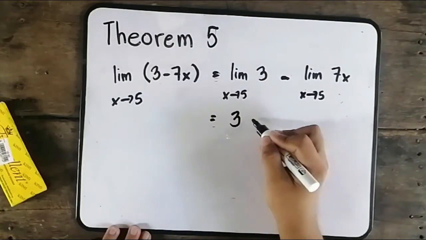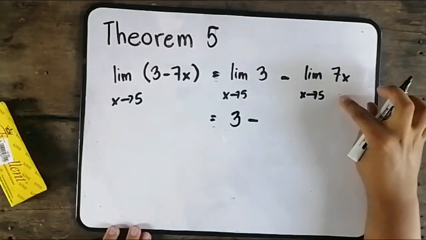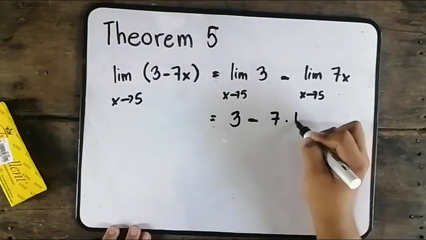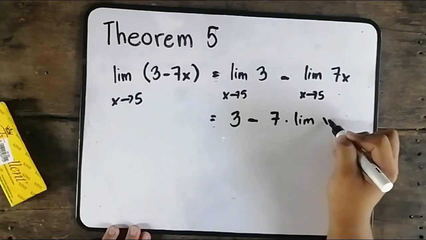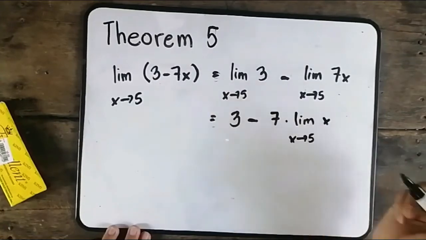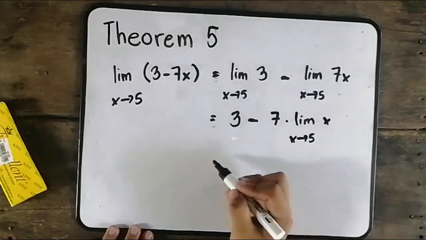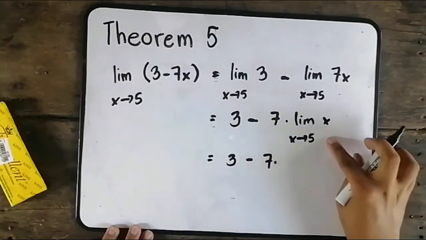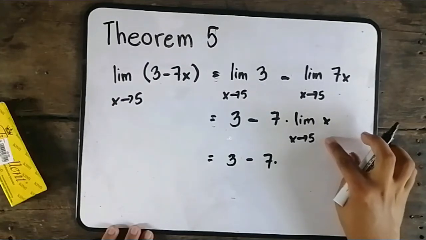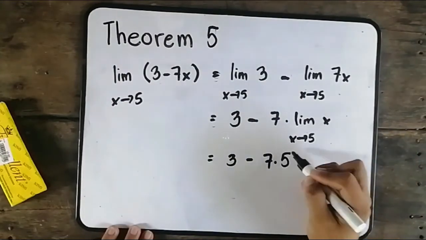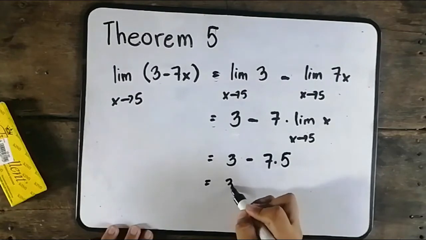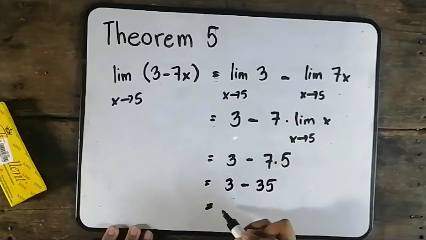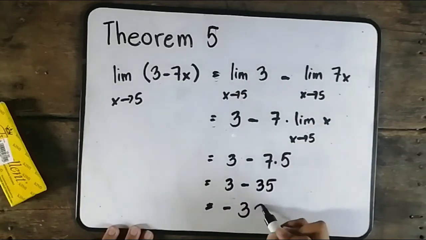We have 3 minus eto by Theorem 4, pwede nating ilabas si 7 times the limit of x as x approaches 5. So we have 3 minus 7 times by Theorem 3, ito, this is equal to 5. So we have 3 minus 35, or the answer now is negative 32.